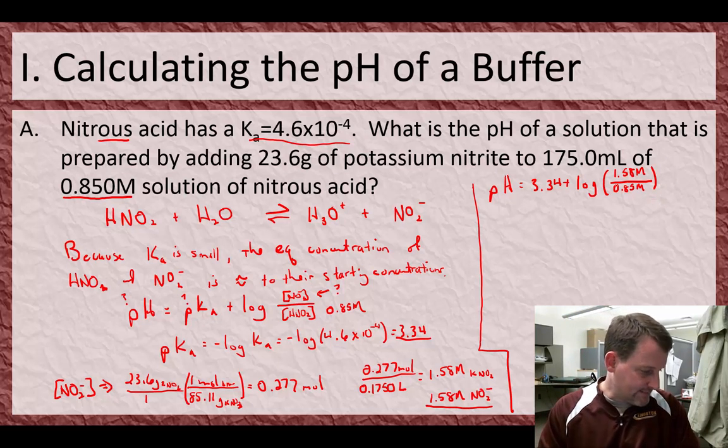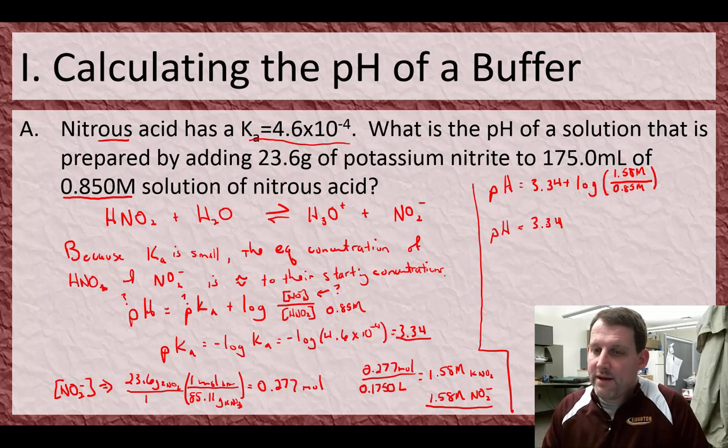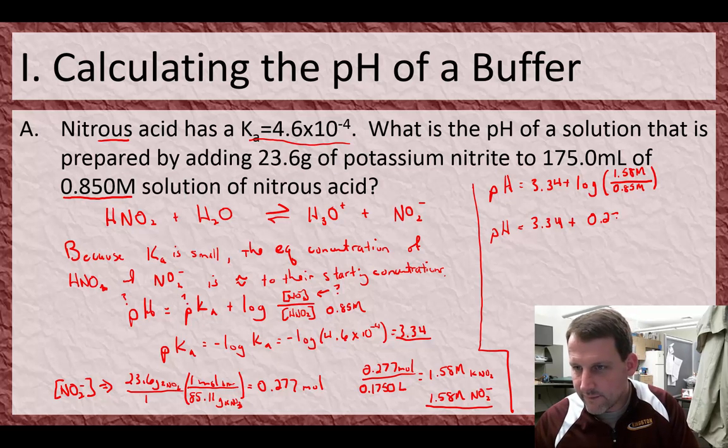All right, and when I simplify this, what I'm going to do is first simplify just this part. So the pH is equal to 3.34, and again, that would be the pH if our concentrations were equal, but they're not. And when I do this, all this log stuff ends up being 0.27.